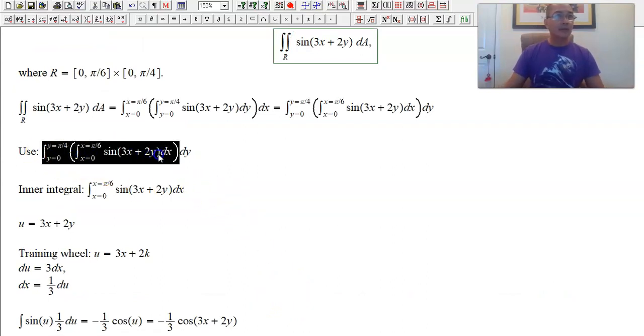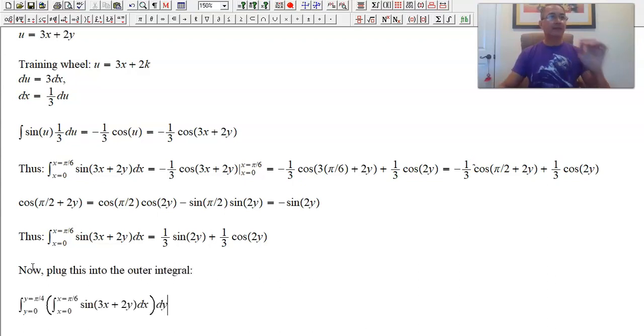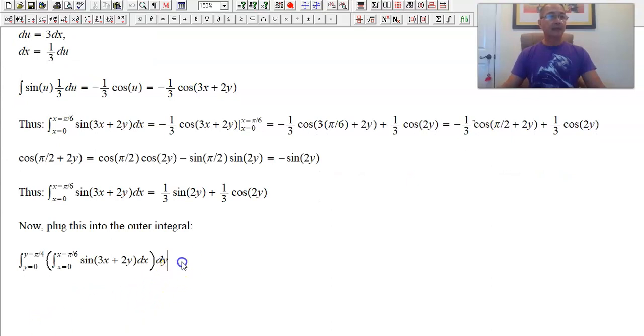Okay? So let me copy this whole thing, which is what we were working on. Now plug this into the outer integral. Okay, so there is our next step. It's going to be the integral from y equals 0 to y equals pi over 4 of this function.